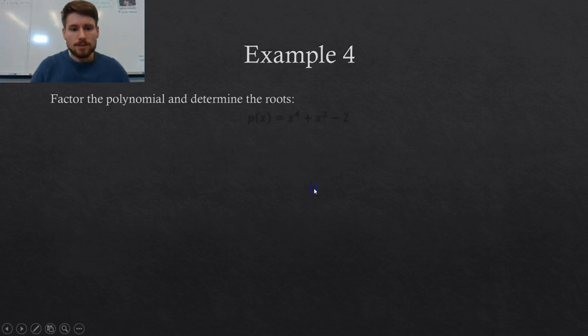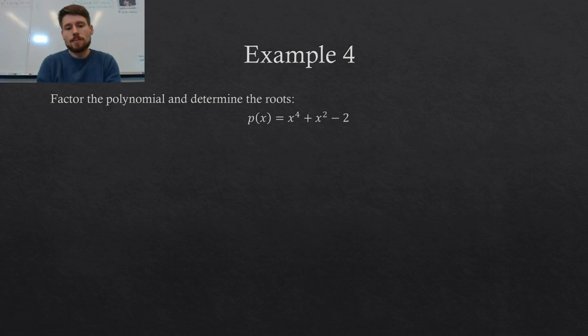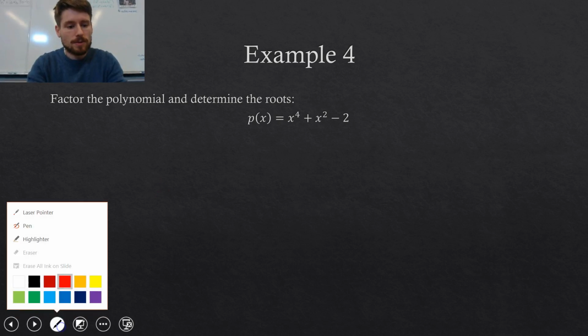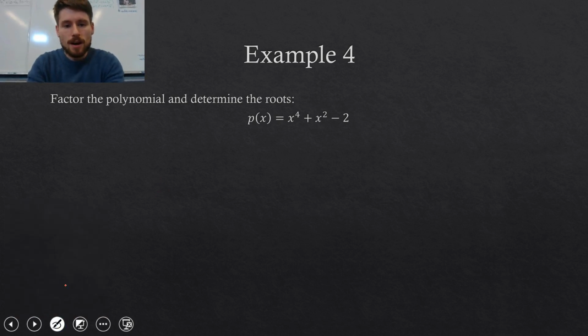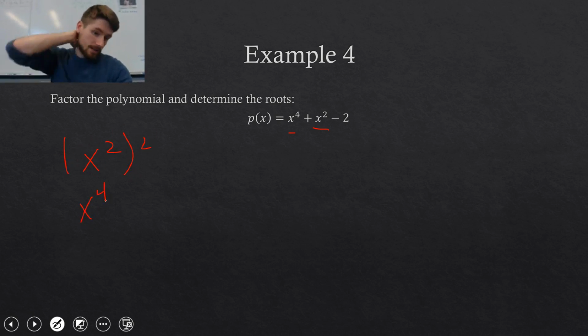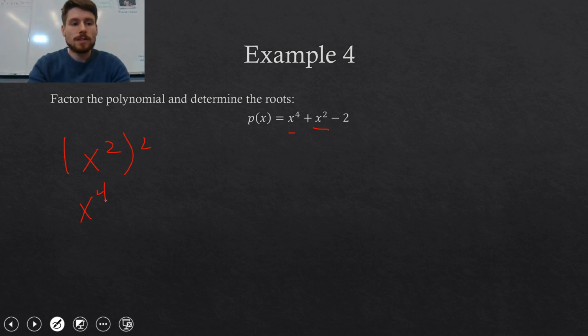Okay. So here's another example where we're going to factor a polynomial and determine the roots from it. Just be mindful with this kind of polynomial that this actually factors just like a quadratic factors, because if we were to square the middle term, we get the leading term, the first term, x to the fourth. And so let's go ahead and factor it like we would a quadratic.